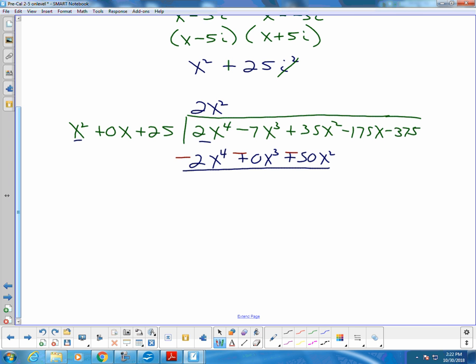So I would have negative 7x cubed minus 15x squared, and then I'm going to drop down my next number. And you start again. X squared times what gives me negative 7x cubed? Negative 7x. And you multiply to all 3 things out front.